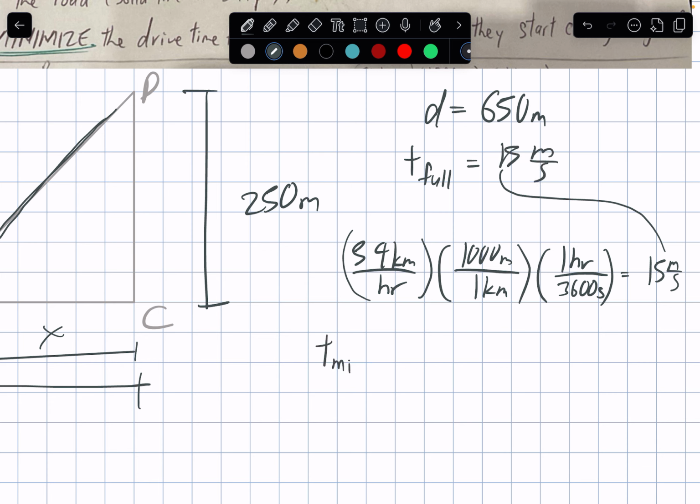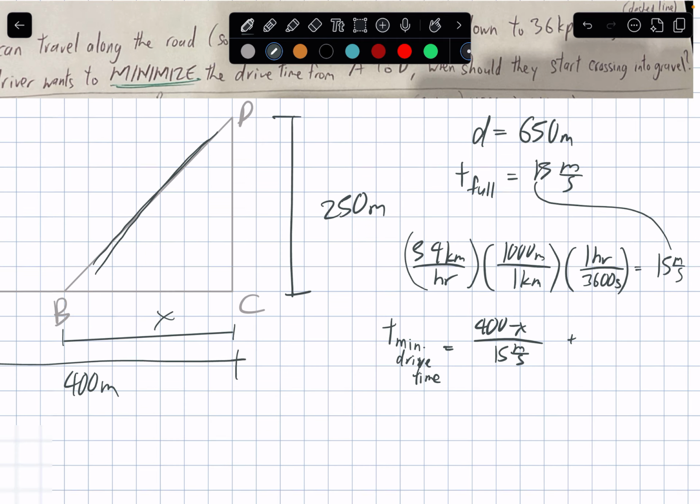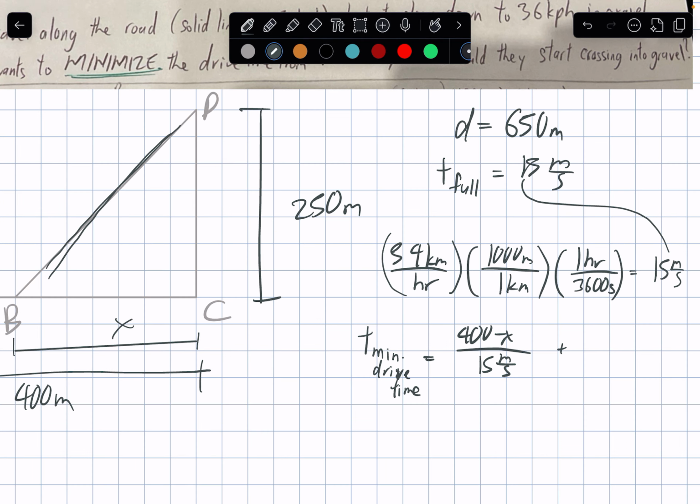And the time to minimize the drive time is equal to 400 minus x over 15 meters per second plus, let's label this as b, so that's the square root of b squared plus x squared, basically these two sides, the opposite and adjacent, since this one is the hypotenuse.